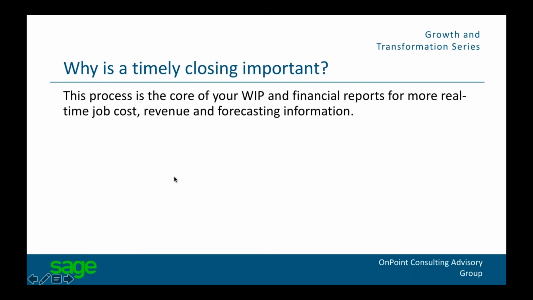So why is that important? You want to have your job cost module correct and everything updated through the month that you're working on closing, because it affects your WIP report that's in job cost plus your financial reports that are produced in general ledger.